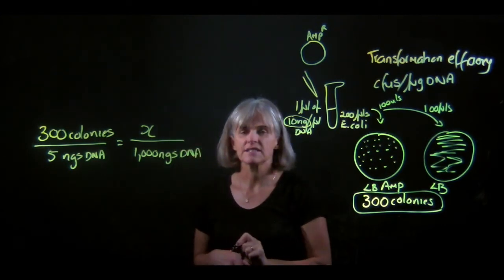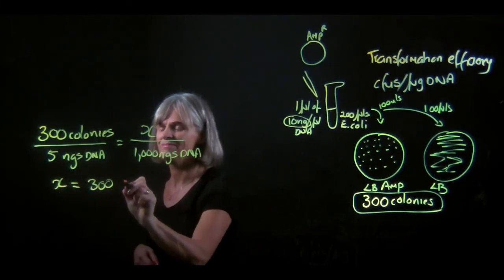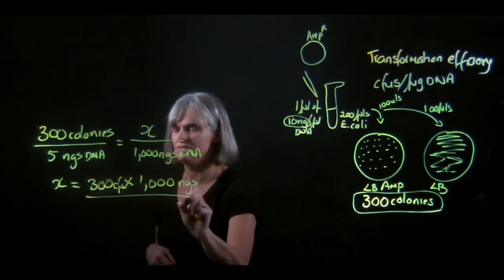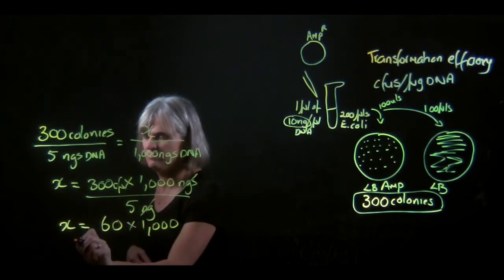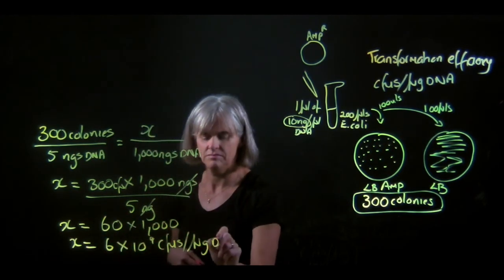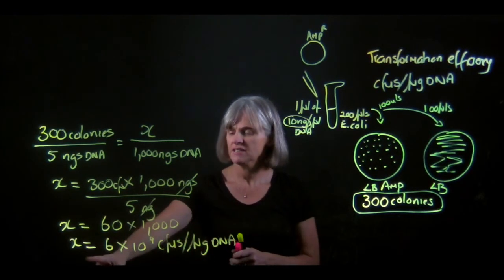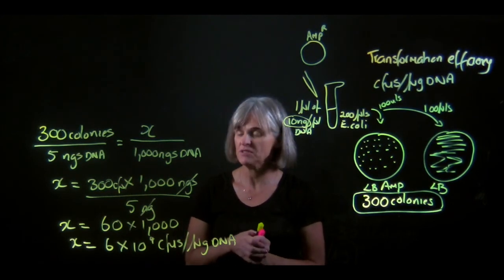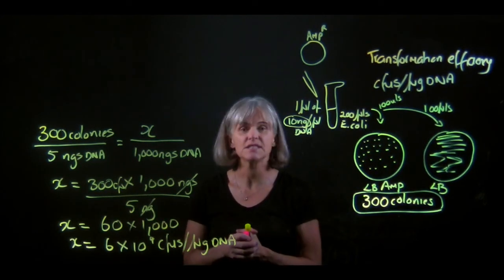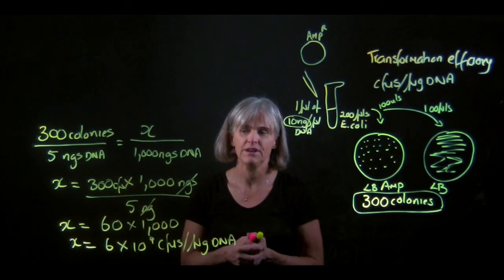So I'm going to go ahead and solve for X here. Okay, so our transformation efficiency is going to be 6 times 10 to the 4 CFUs per microgram of DNA, because that's how many colonies we would have expected if we'd added a whole 1,000 nanograms instead of 5 nanograms.